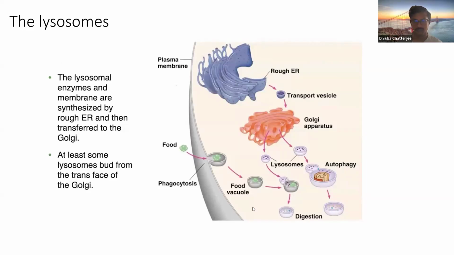And the mature lysosomes, which have the hydrolytic enzymes, can fuse with the endocytosed vesicles that are harboring complex macromolecular food materials, or can fuse with the autophagic vesicles, which are formed within the cells and contain cellular compartments, some cellular organelle, for example, mitochondria, which is not functioning properly.